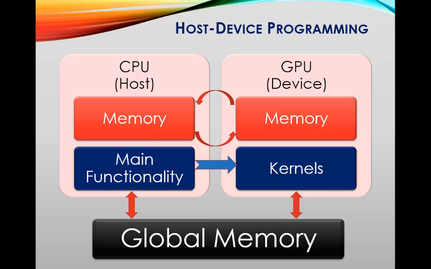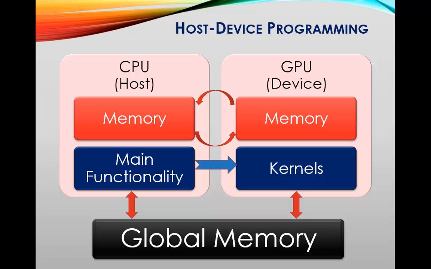Now, the way that CUDA programming fits into this is through the so-called heterogeneous programming model. We basically work with two different compilers. The host compiler, or the CPU compiler, takes our program and compiles it for the architecture and instruction set of our host, or CPU.